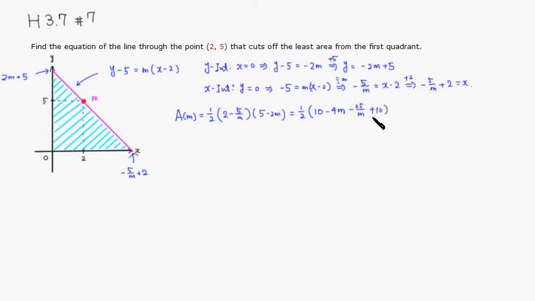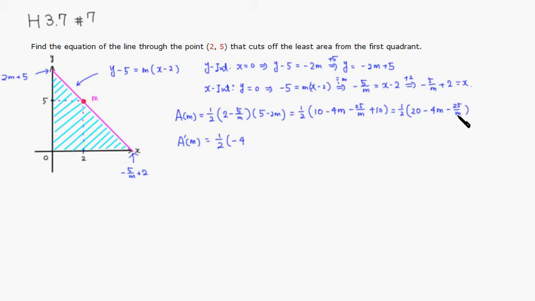Then this is simply 1/2 times 10 plus 10, 20, minus 4m minus 25 over m. So let's take the derivative. A prime of m: 1/2 is just a constant. The derivative of 20 is 0. The derivative of negative 4m is negative 4.